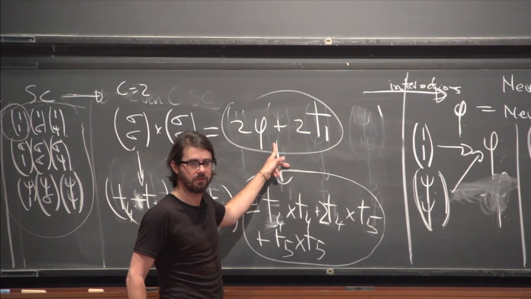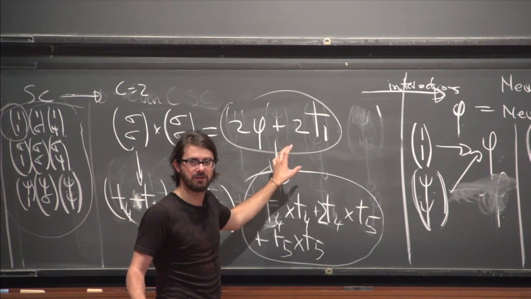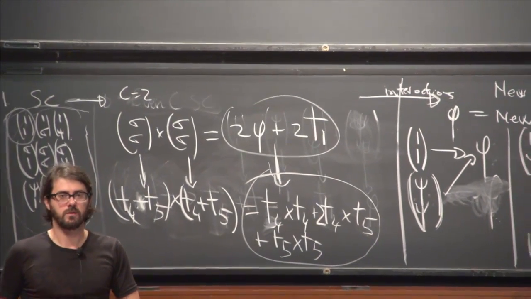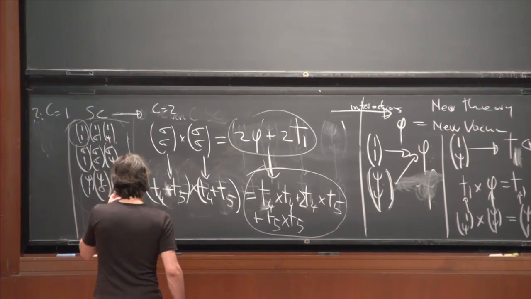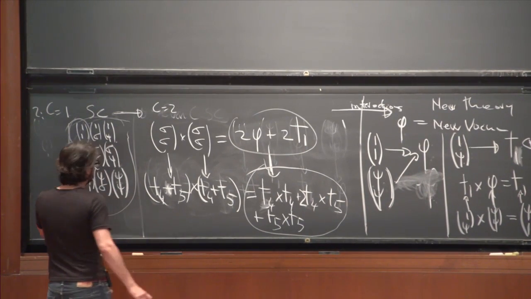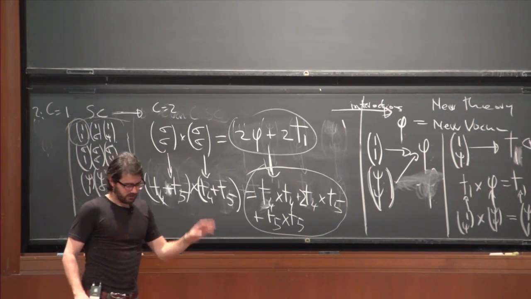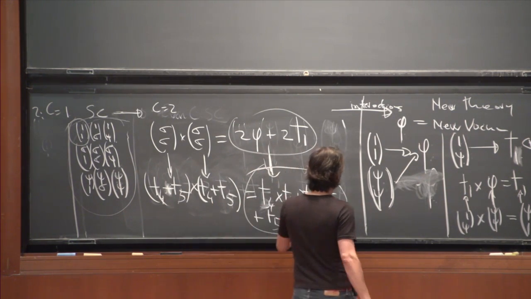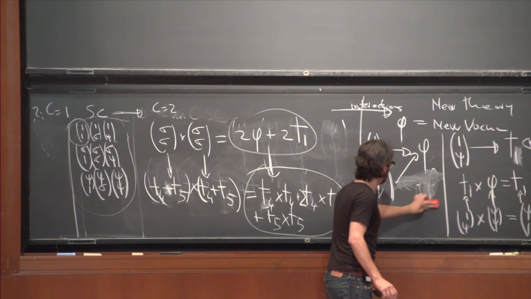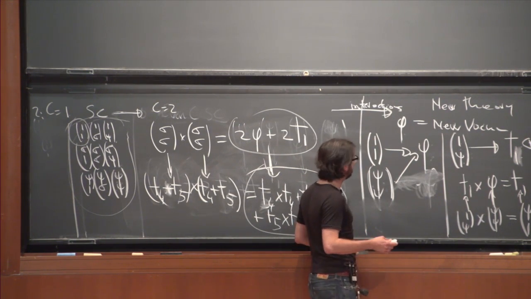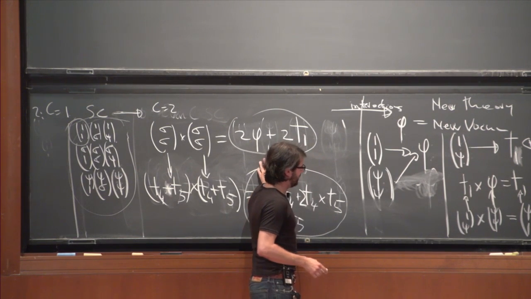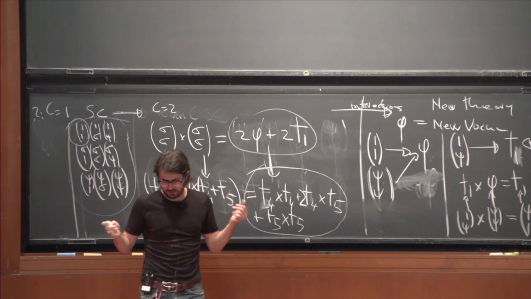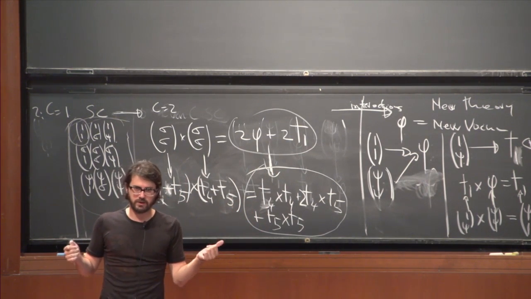Okay? Clear? Yes? What's the rationale for saying that sigma sigma has to split into two? I kind of don't remember the simple rationale, but I can show you if I have time at the end. There's a very easy way of seeing that it has to go to two particles, okay?